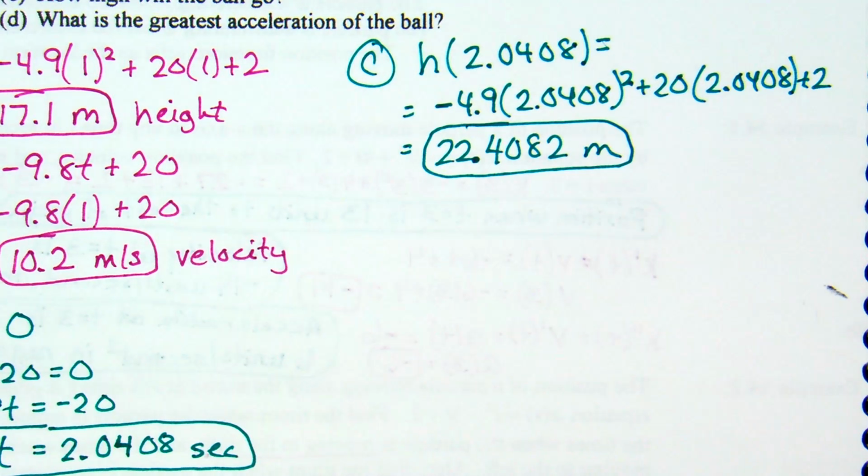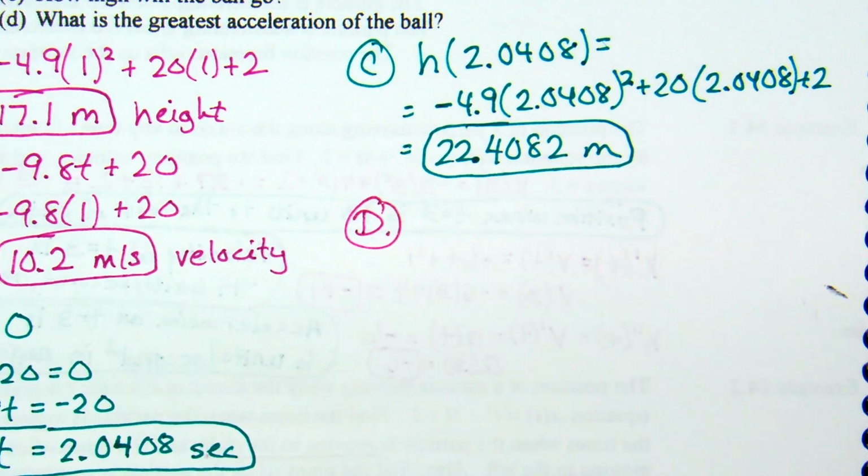Okay, and part D. I never even read it. What is the greatest acceleration of the ball? Well, let's start by finding the acceleration, right? Have we found the acceleration yet?